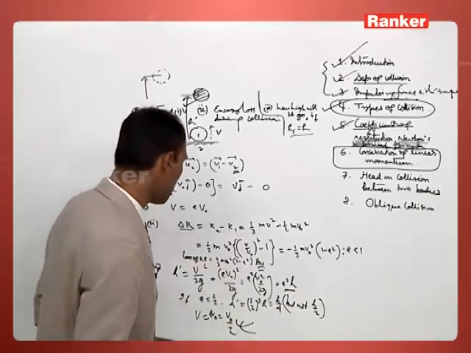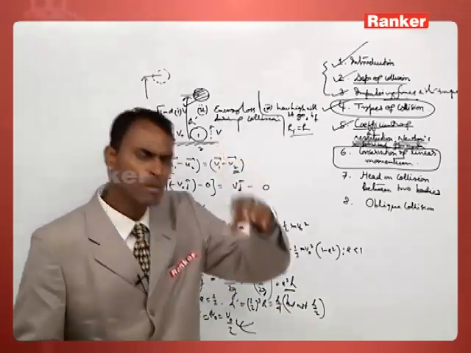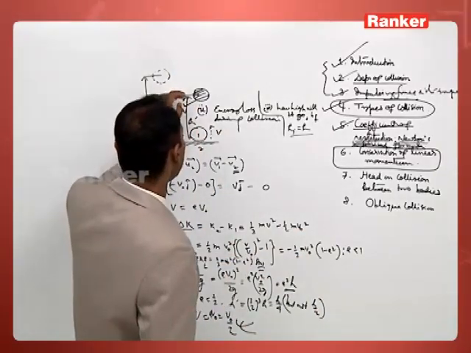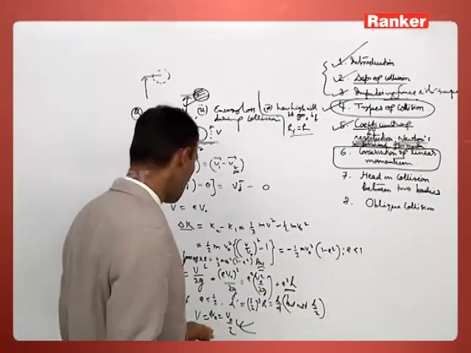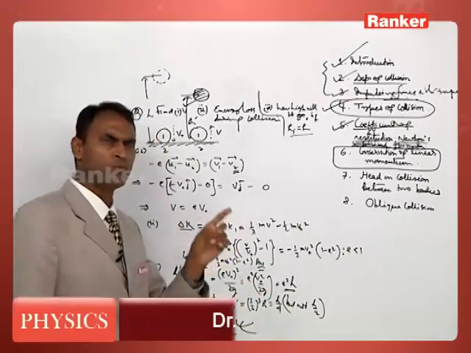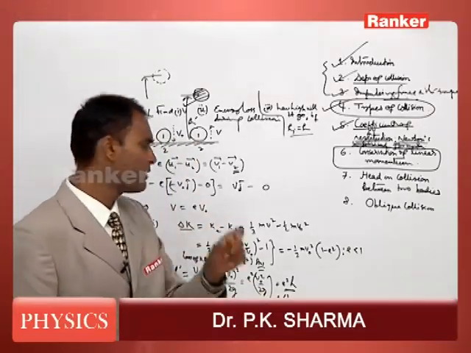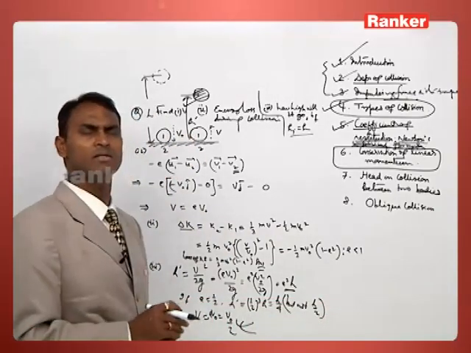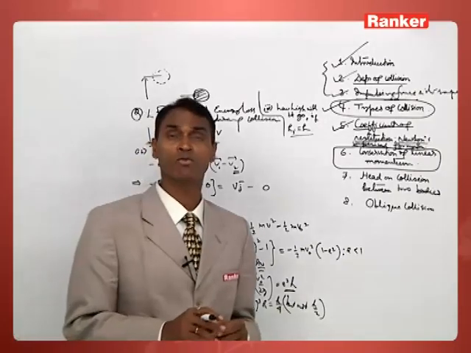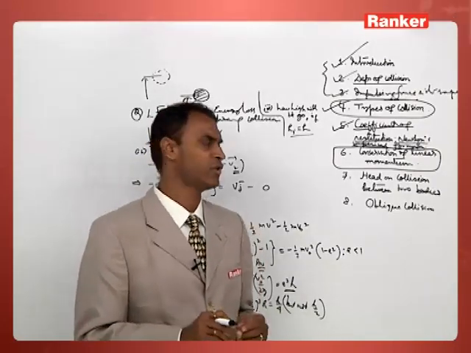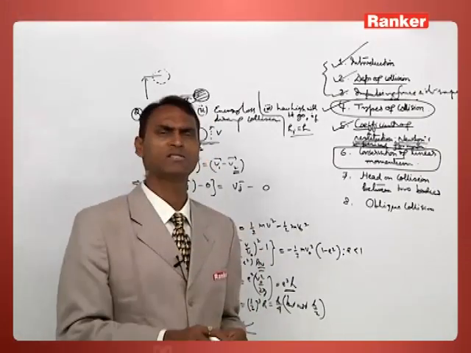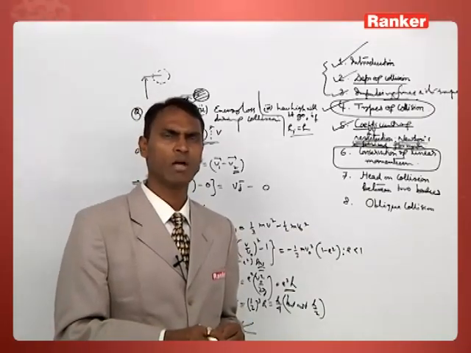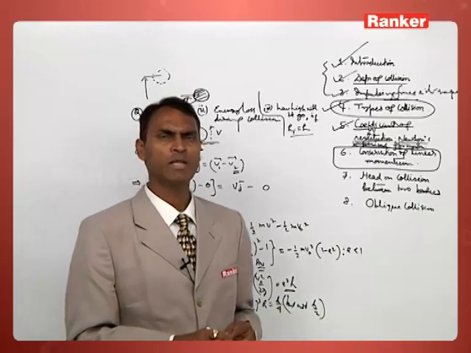So the general formula for this: when the body is dropped from a certain height h, after the first collision it can attain a maximum height h dash, which is equal to e square times h, not e times h. Whereas the velocity of the body just after the collision will be e times the velocity of approach, and the maximum height after the first collision will be e square times h.